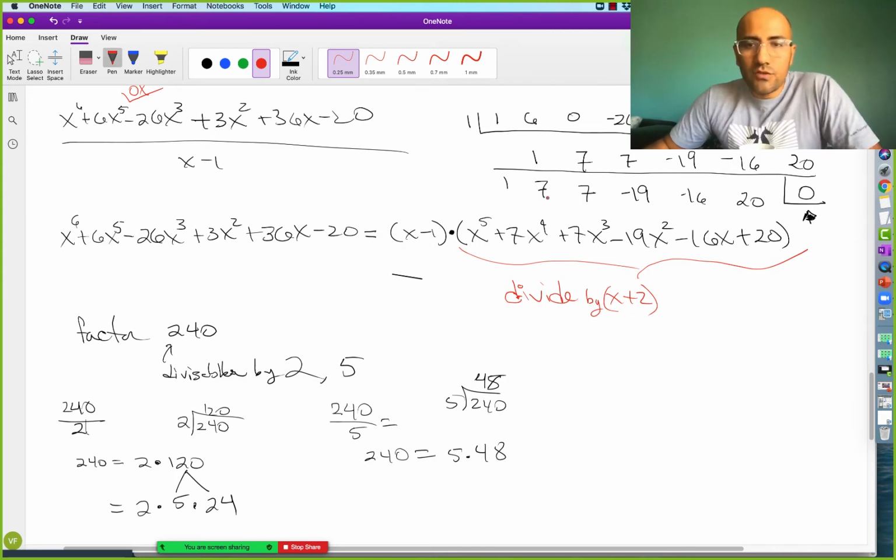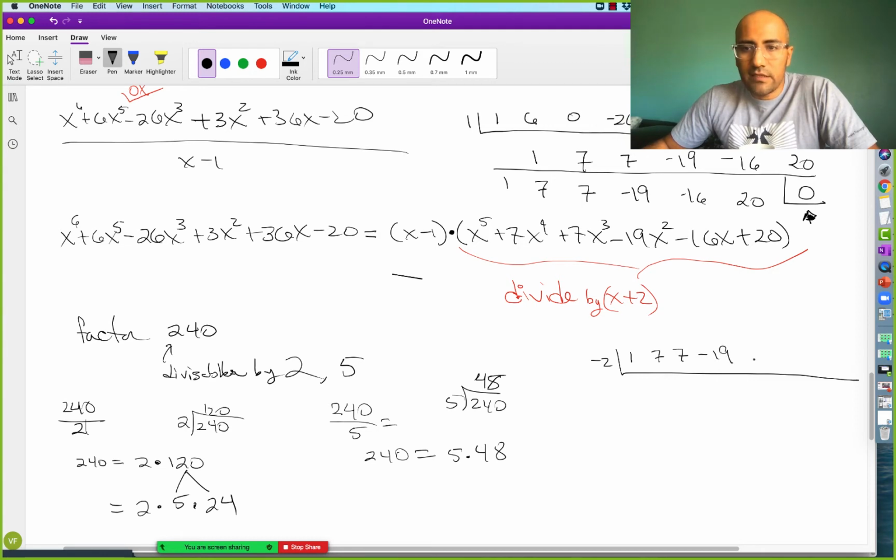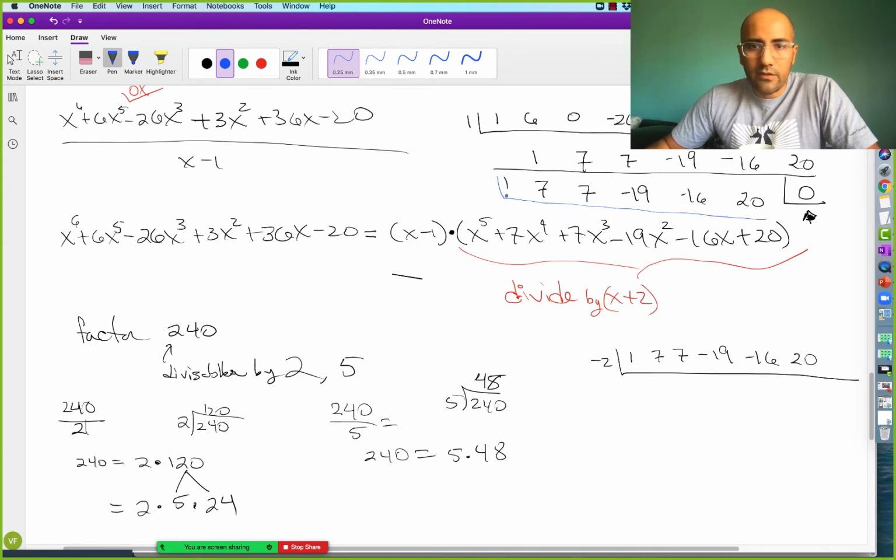Good. Okay, so let's use synthetic division to do that. And we have that it's got to be a minus 2. And then it's going to be a 1, a 7, another 7, a negative 19, a negative 16, and a 20. A lot of people just build onto this right here, grab onto this thing, and then do a minus 2 right here, and then they do their work here.